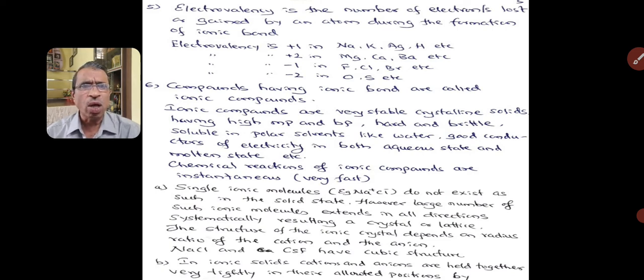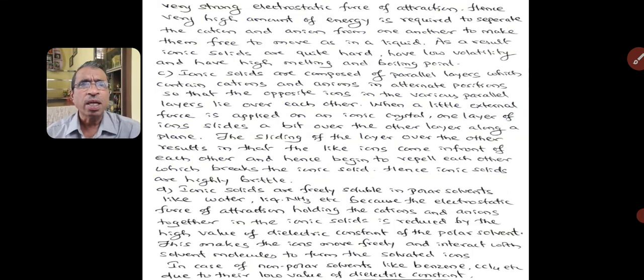In ionic solids, cations and anions are held together very tightly in their allotted positions by the very strong electrostatic force of attraction. Hence, a very high amount of energy is required to separate the cation and anion from one another to make them free to move as in a liquid.